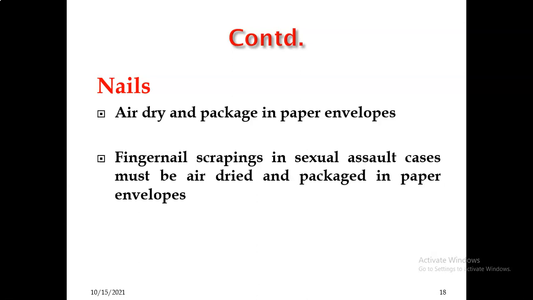So let's say you find biological material that you suspect to have come from a sexual assault perpetrator in the fingernail of a victim. You can use a wet or moistened swab to pick this material inside the fingernail of the victim. You then air dry it and package in paper envelope for transportation.